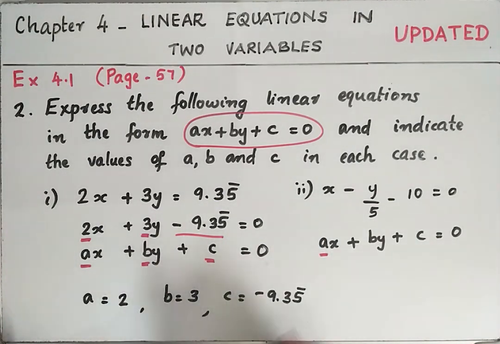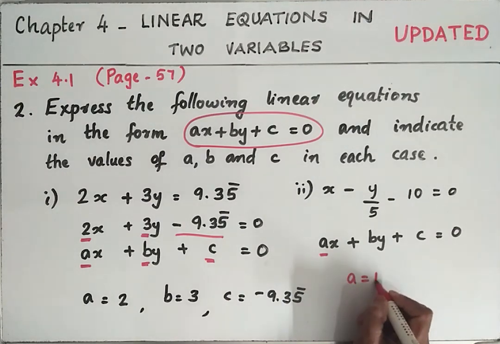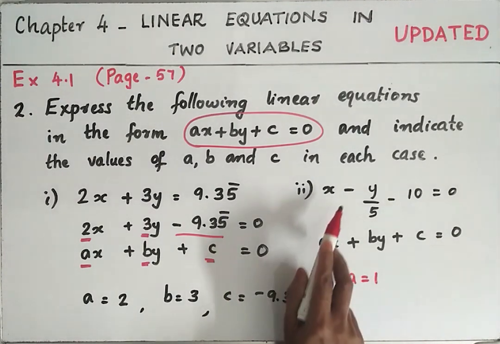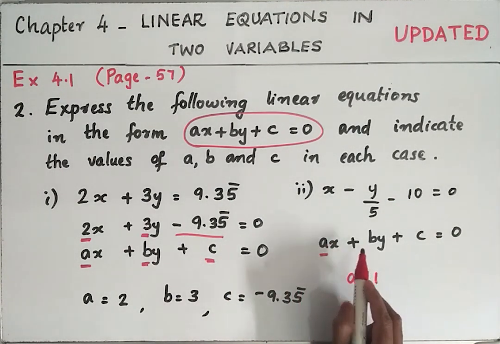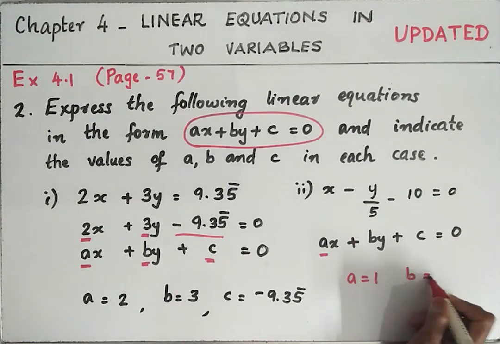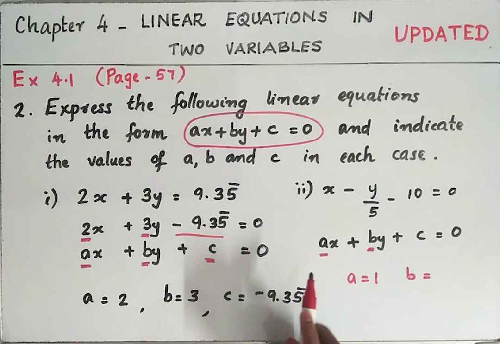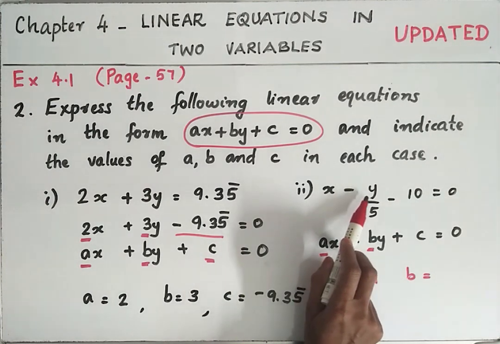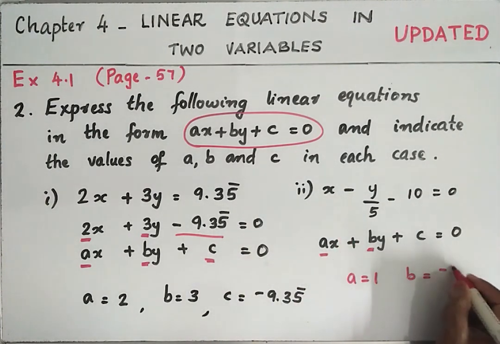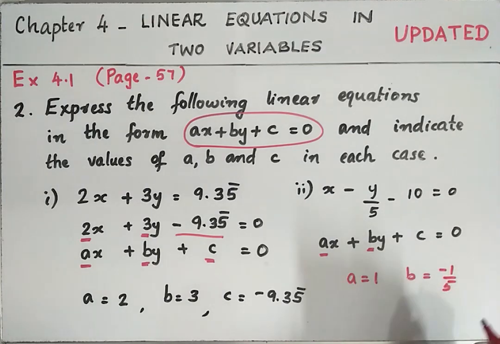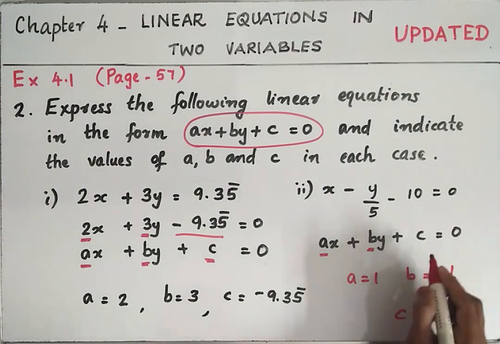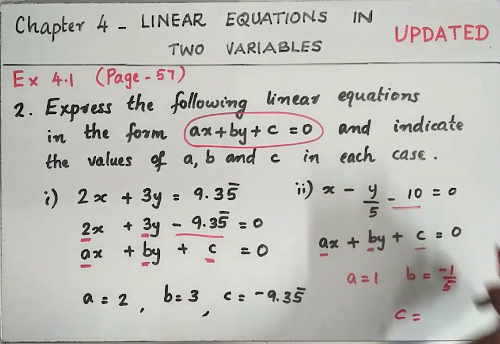A equal to 1. Now here negative sign comes, so value of b will be negative. And value of b is negative 1 by 5. Here the numerator is 1y. So b is negative 1 by 5 and c is negative 10.